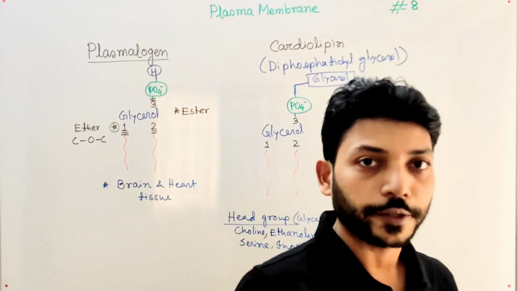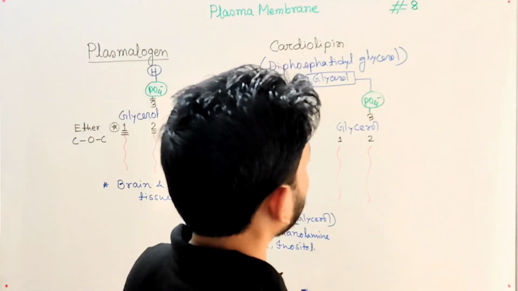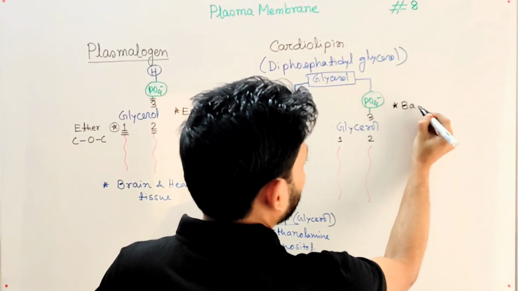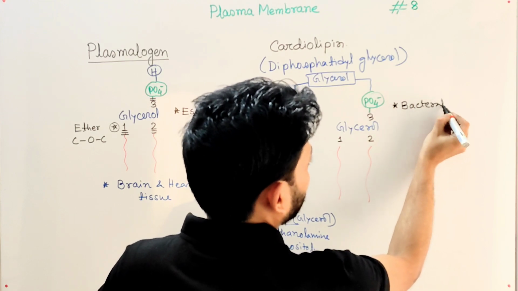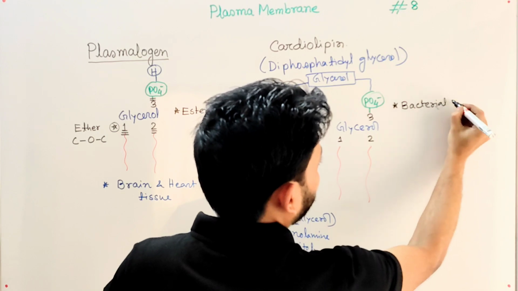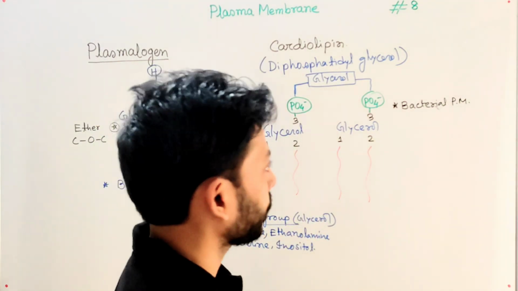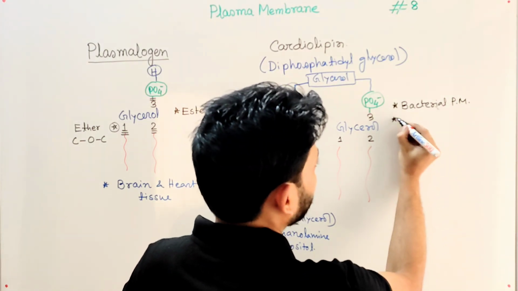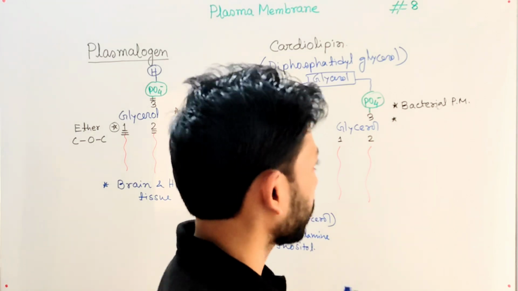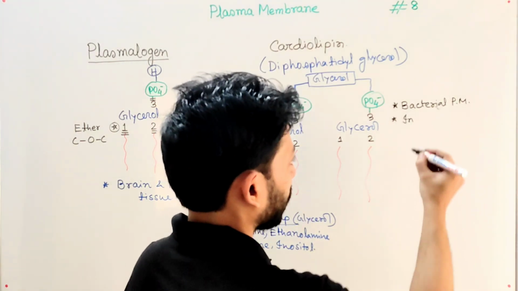Now, cardiolipin is a characteristic of the bacterial plasma membrane. So the bacterial plasma membrane contains cardiolipin. Another point you can remember is that cardiolipin is synthesized in the inner mitochondrial membrane in the case of eukaryotic cells.